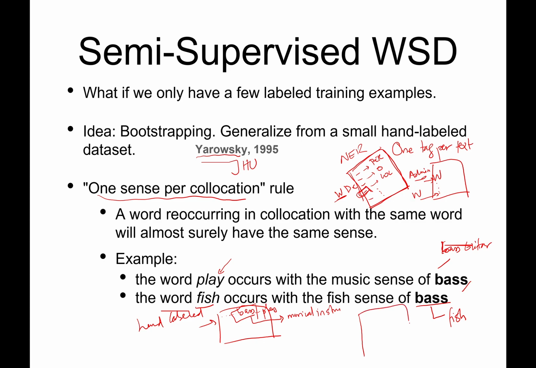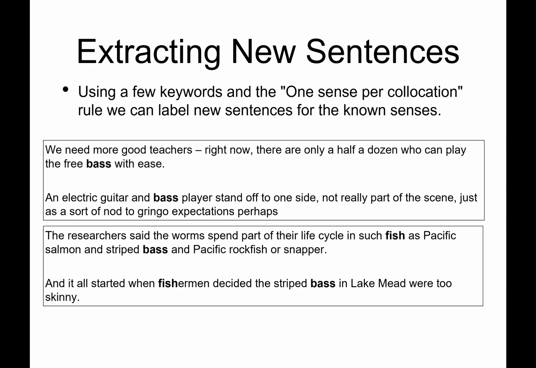Let's say that I have a huge set of documents that have a lot of text. I can now go and search in this dataset, and whenever I find a sentence that has both bass and play in the same context, I'm going to grab this sentence and add it to my training data.